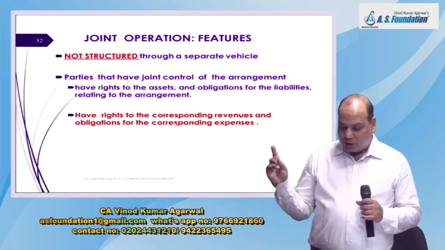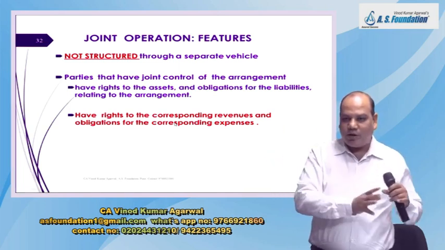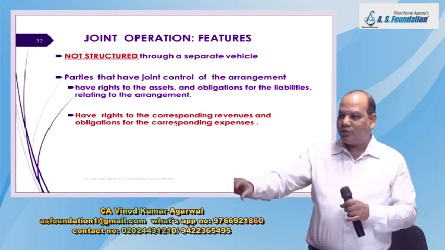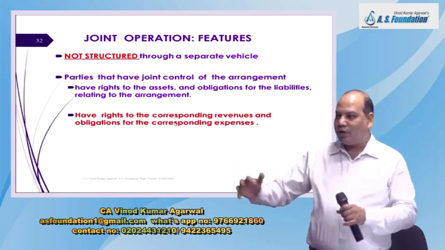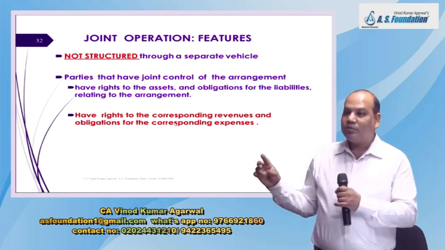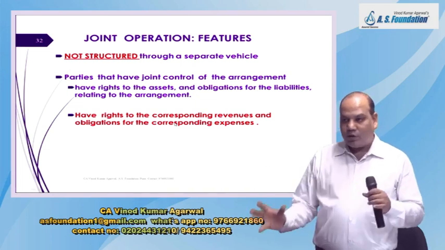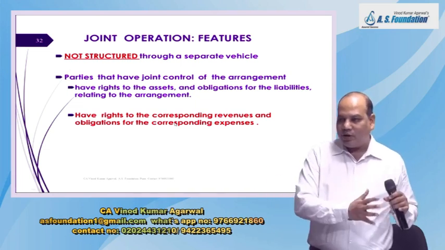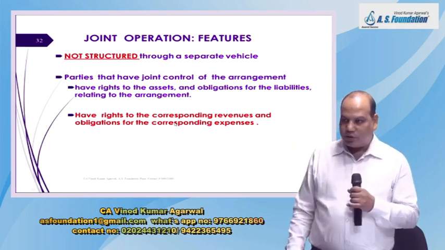Even if it is a separate entity, suppose the agreement says X Limited will get land, building, plant, Y will get stock, debtor, cash, X Limited will take secured loan, Y will take unsecured loan. What is the arrangement? Joint operation. Or they will say output will be taken by A and B in the ratio of 50-50. Then also joint operation.